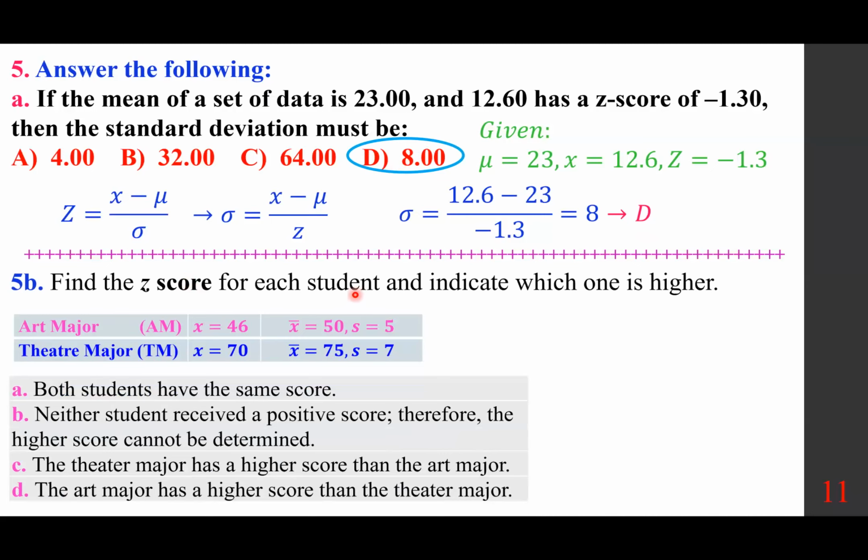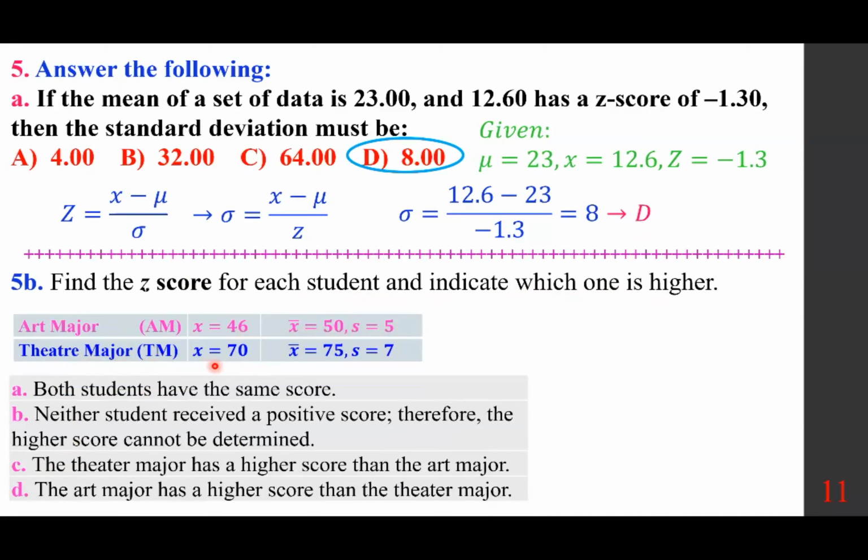Find the z-score for each student and indicate which one is higher. For the art measure, I'm going to call it AM. For the theater measure, I'm going to call it TM. The X was 46, X bar was 50, S is 5.